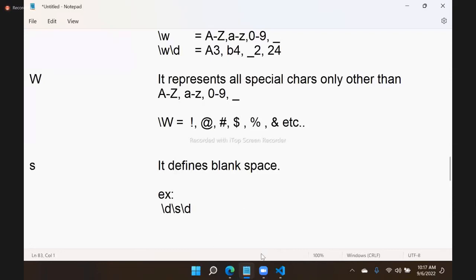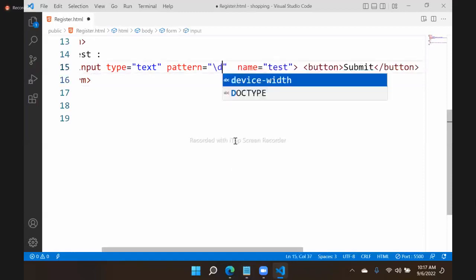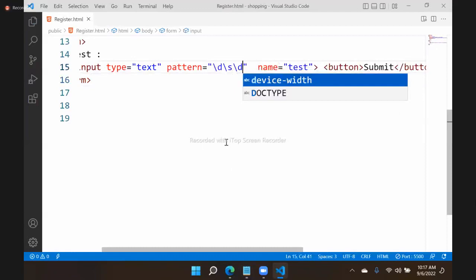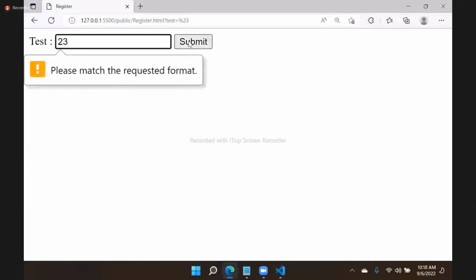So that means you have to write like this now. We have to use \d\s\d. We need to configure that. Now you see here, I am entering 2, 3, and it is not allowed. 2 space 3. I am using space and submit it. It is not allowing.